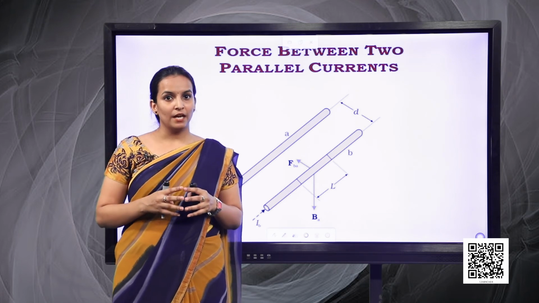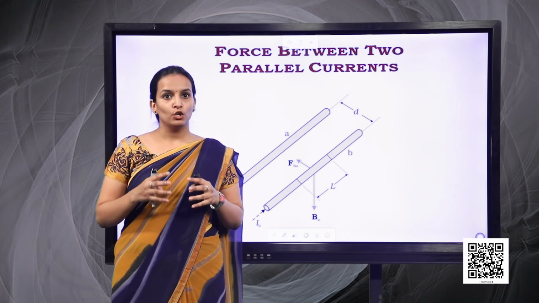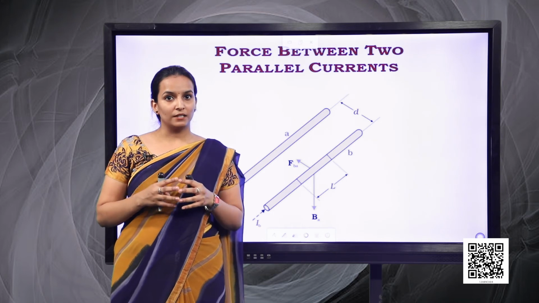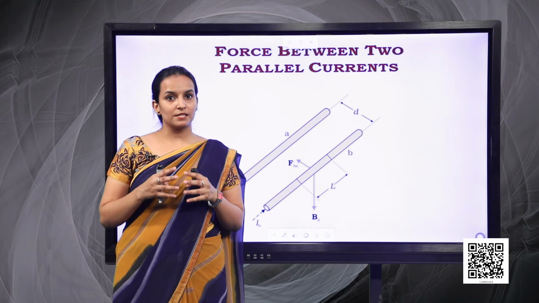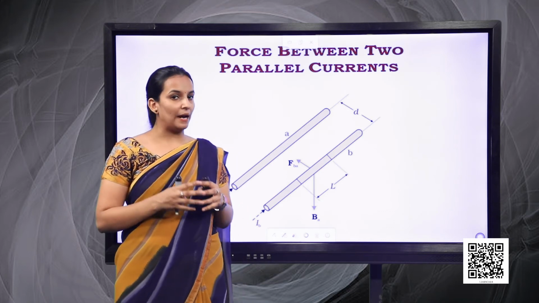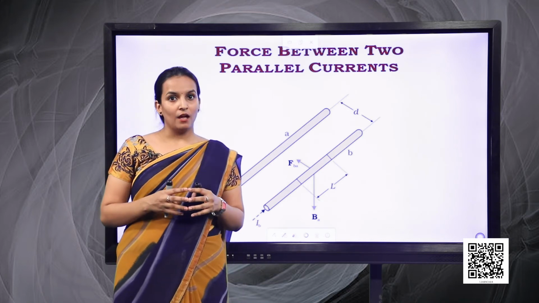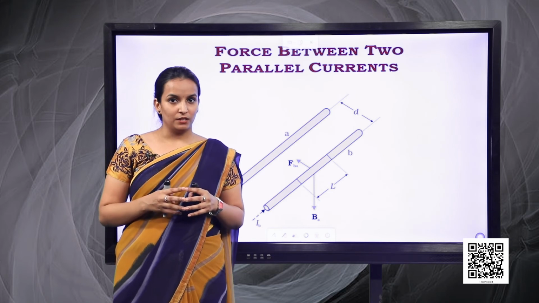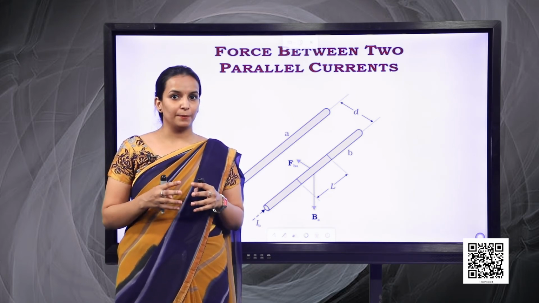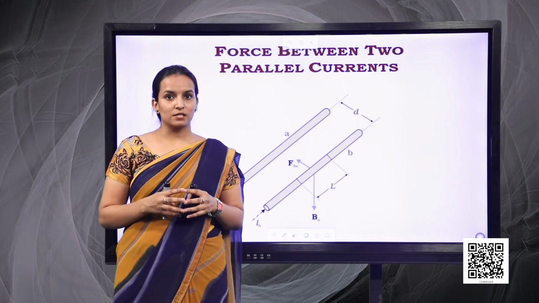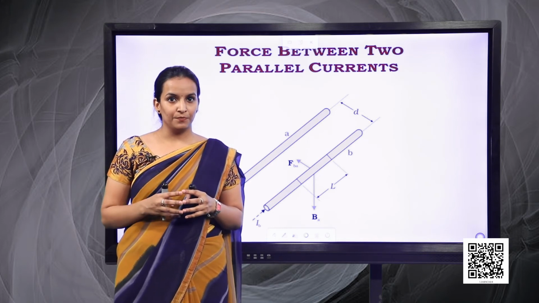As we can see in the diagram, there are two long parallel conductors A and B separated by a distance d and carrying parallel currents IA and IB respectively. The conductor A produces the same magnetic field BA at all the points along the conductor B.